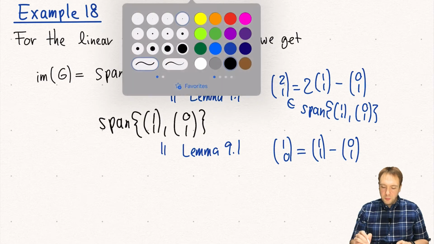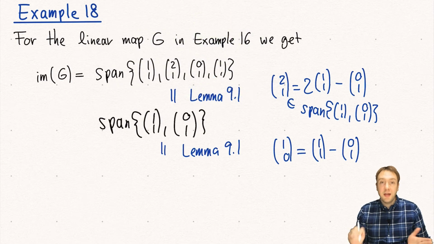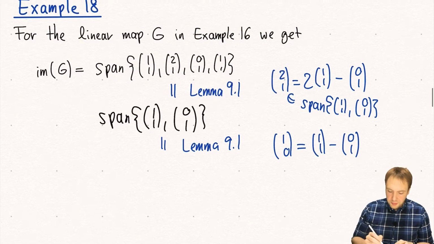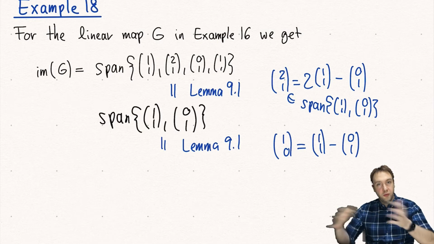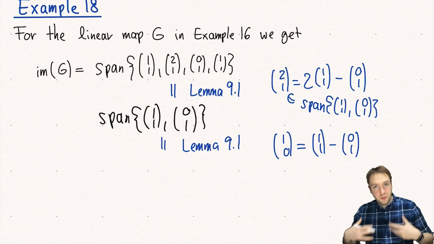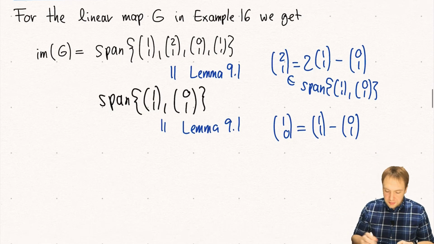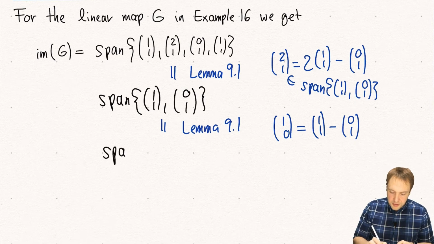So we wouldn't change the span by adding this to this. So the lemma is not just for removing vectors, but we can also use it to add something without changing it.